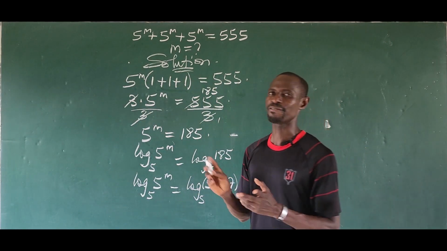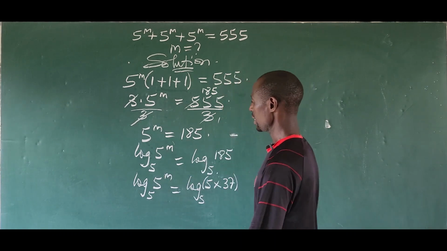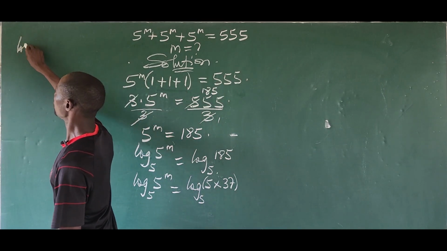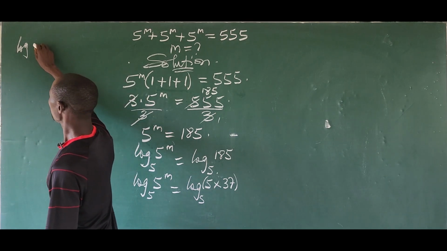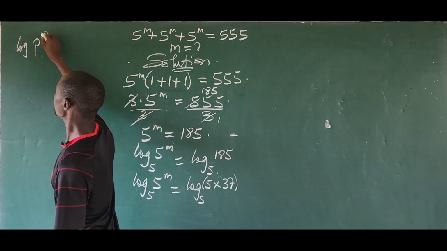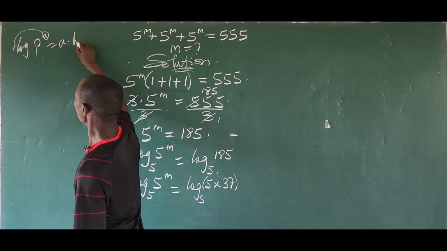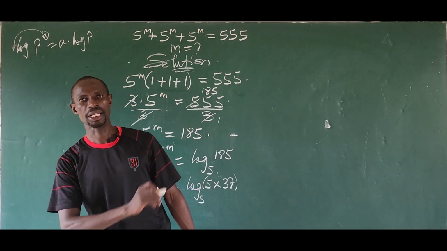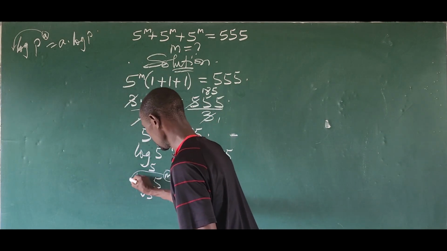Now we can apply some laws of logarithm. Here we're going to apply the first two laws. The first one is called the power law. The power law says that if you have log p all to the power of a, you move the power to this side, and this is going to give us a times log p. In other words, we move the whole of this power to this side.